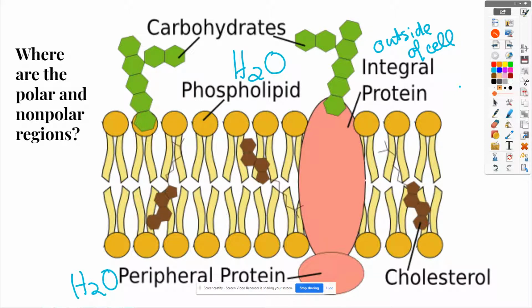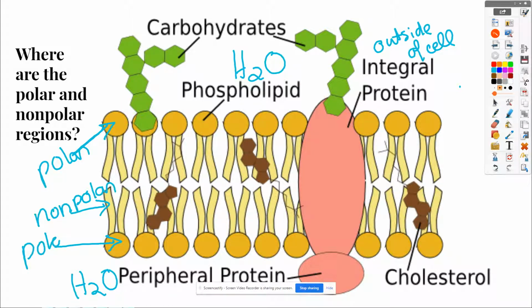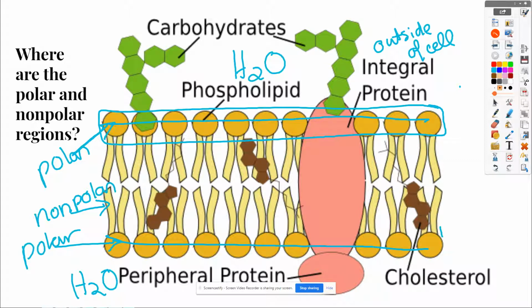So we have our polar heads, and we have our non-polar tails. And then here in these heads would also be polar. So this region is polar, and this region is polar, and everything that falls in this area is polar, and everything that falls in this area is polar.